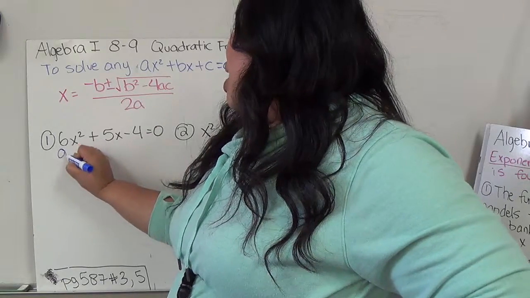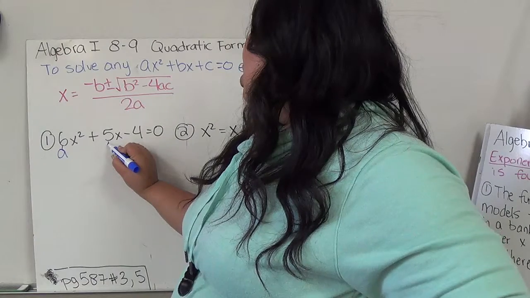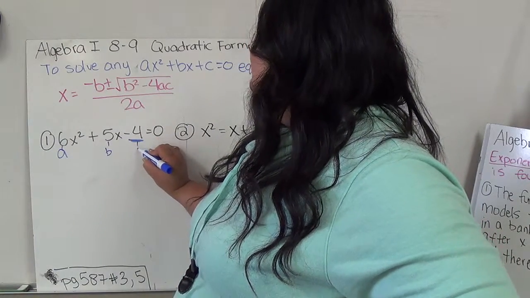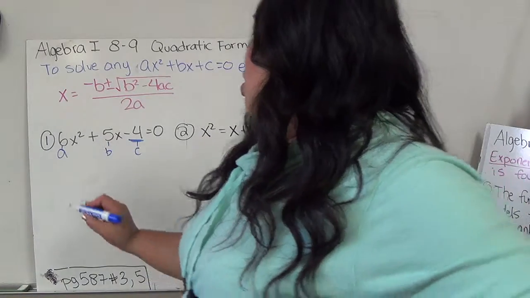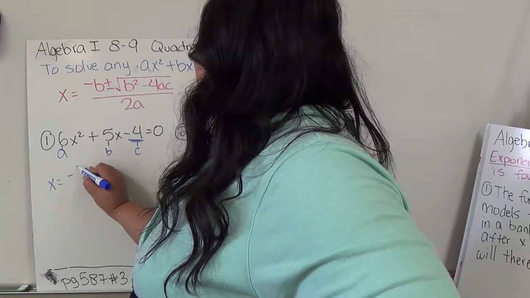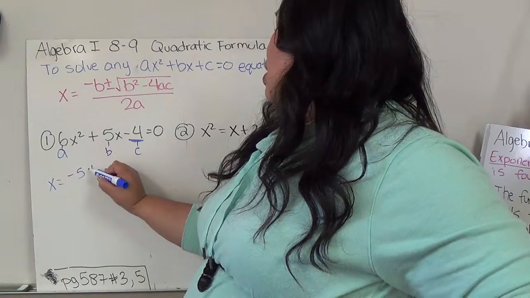So this is our A, not the x squared, just the 6. The 5 is our B, the negative 4 is our C. If these were negatives, it would go with it. So then our answer would be x equals negative b, so negative 5. If 5 was already a negative, then it would end up a positive.